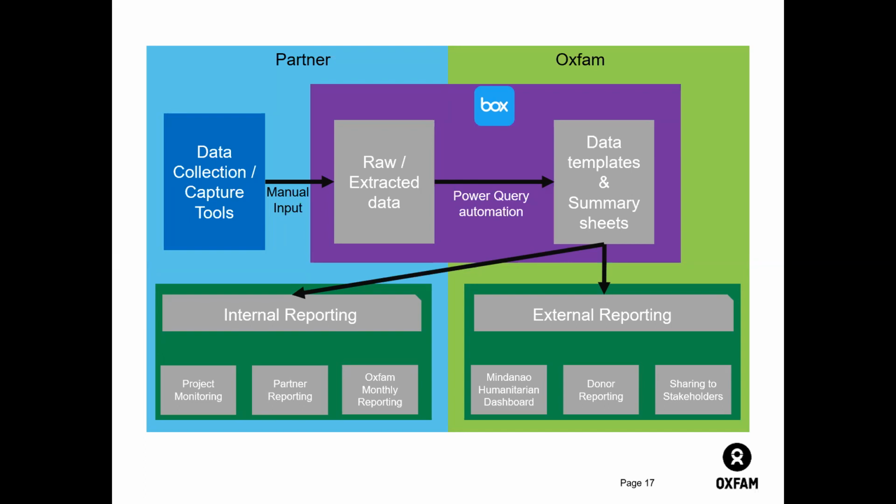For the Philippines, what they're using at the moment broadly is Box, a simple tool for sharing data between different organizations. The raw extracted data is loaded into Box by the partners, and this is a manual process.